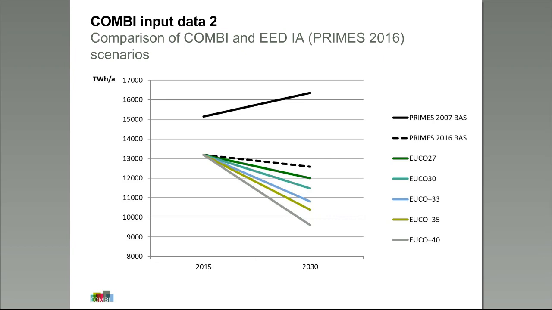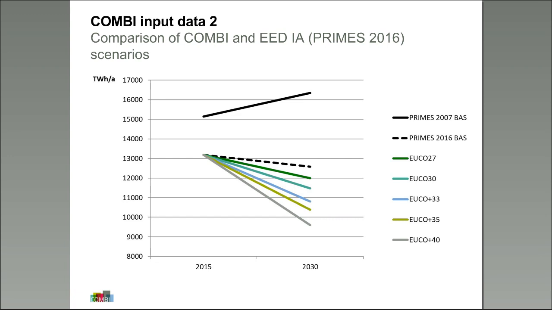So we see that the 2016 baseline is already very much adjusted to a different reality than what had been thought in 2007. But still, when at EU level, policy or politicians are discussing energy saving targets, those targets relate to the 2007 baseline.